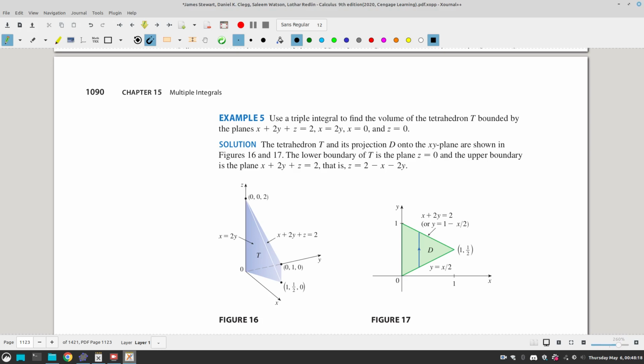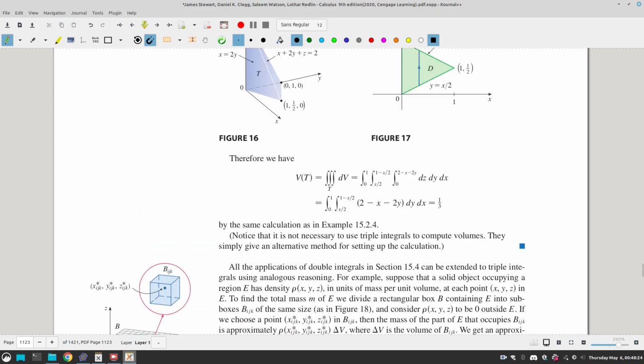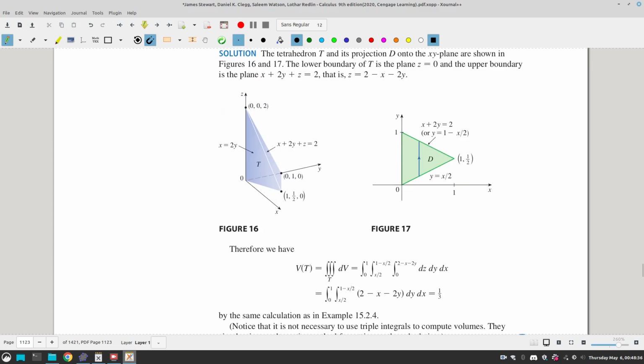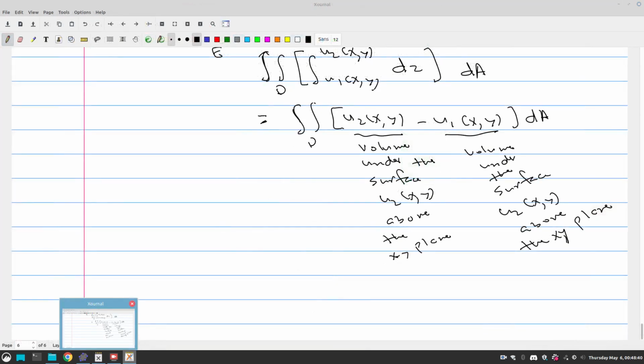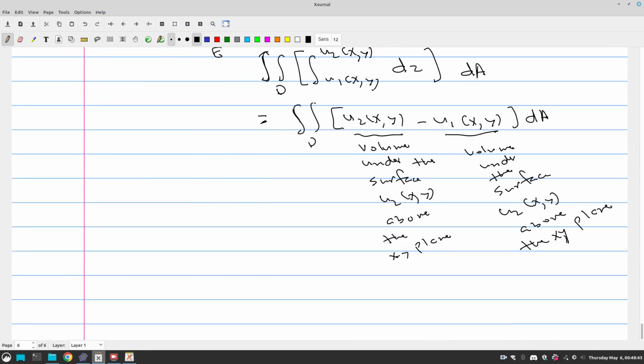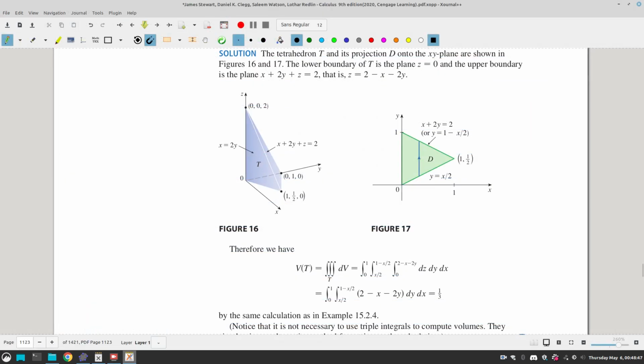So remember, when doing triple integrals, we sketch the region E itself, and we sketch the region D, that is the projection of E onto some plane, either the xy plane or the xz plane or the yz plane. Right, now let's have a look. Let's sketch the region. In fact, those regions are actually sketched for us.